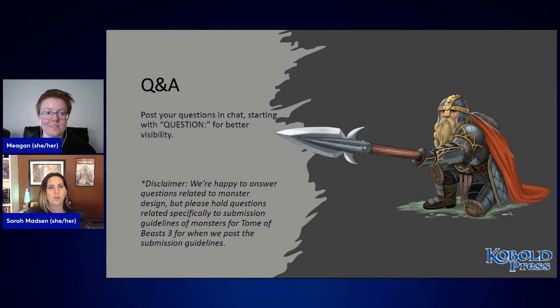All of those things will begin to inform what sort of lair actions you should have. And I definitely suggest looking at other lair actions that already exist, both in monsters that are similar to the one you're making and that aren't, because you may find something, like, this one does fire damage, but you have an ice monster, and you can just tweak it to make it work for you.